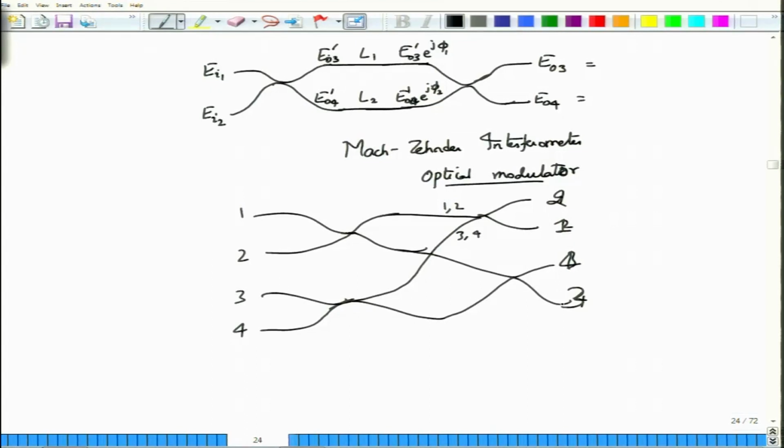So purely 2, 1, 4 and 3, with no other cross connects out there. This is called a static switch or a wavelength connector, and you can do all these things by simple couplers which can be arranged in a certain manner.